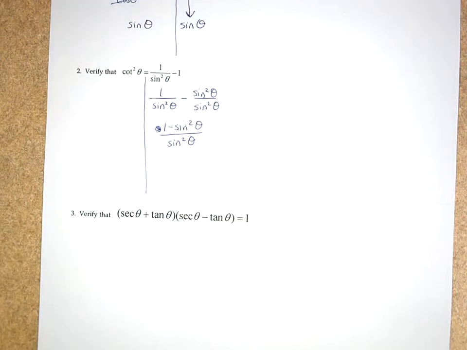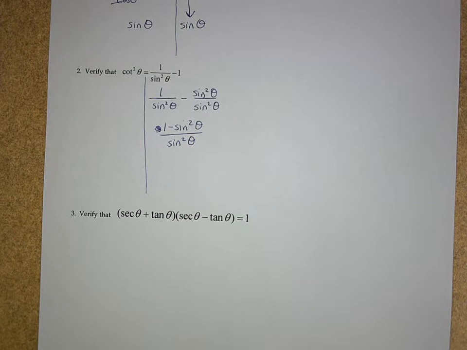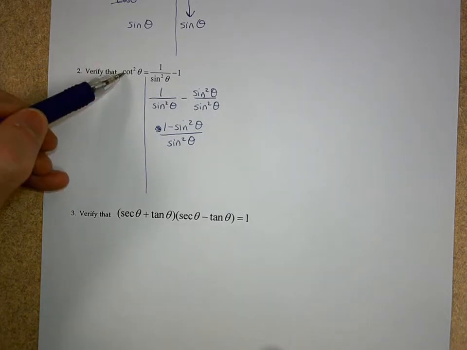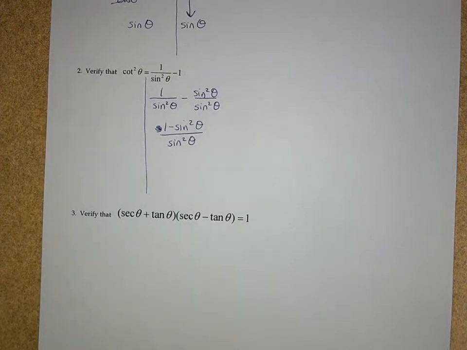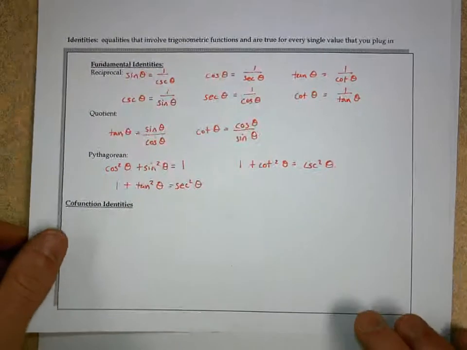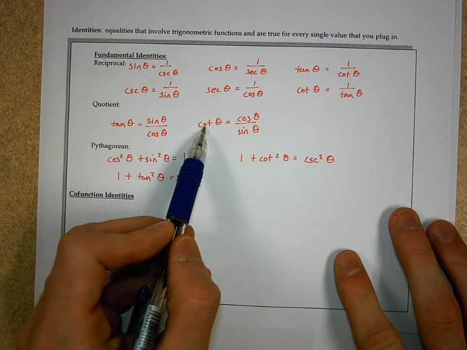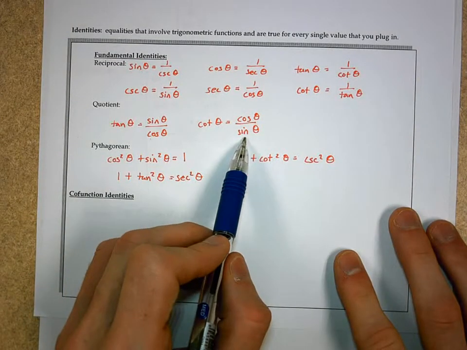1 minus sine squared of theta over sine squared of theta. Now I need to find out what I can simplify down in order to get cotangent squared of theta. If I look back at my cotangent, I see cotangent is cosine over sine.